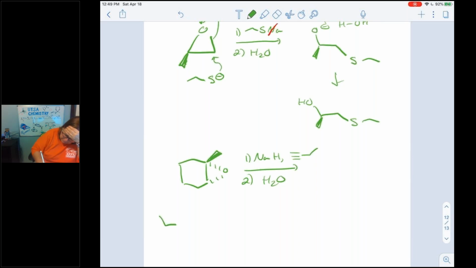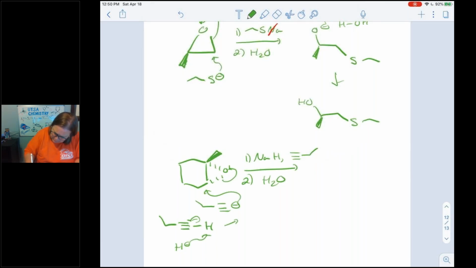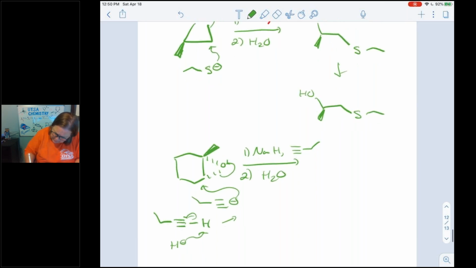This is my alkyne. Acetylide anion is going to be formed. It's very basic. It's going to attack the top of the epoxide ring. And so the intermediate species I get here is going to look like this.